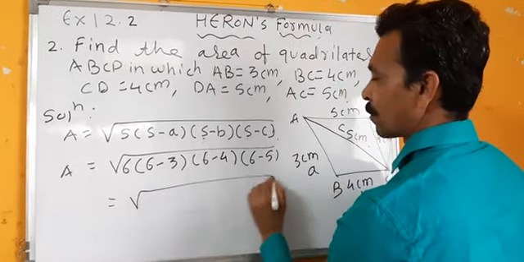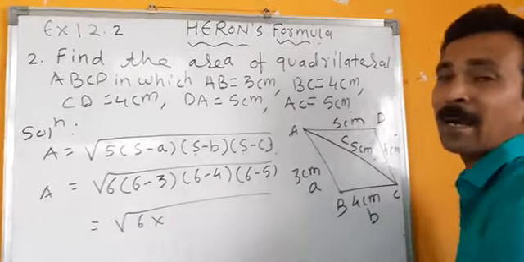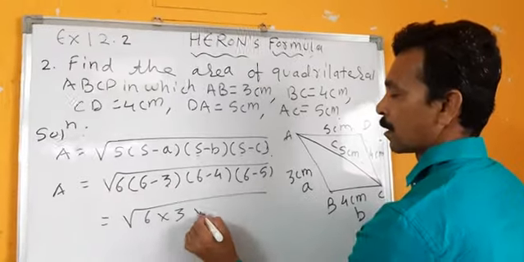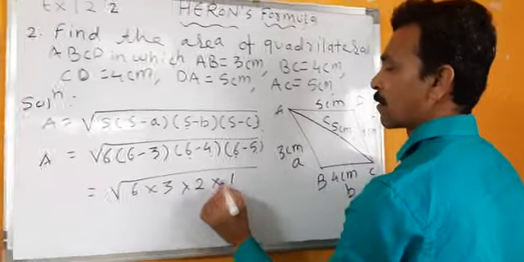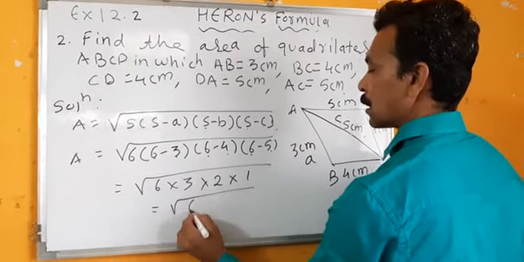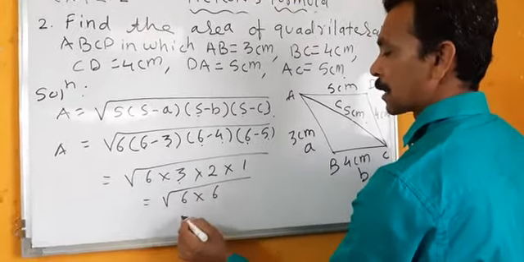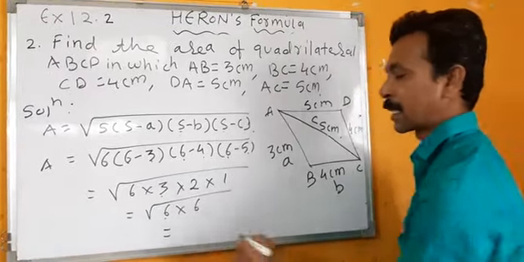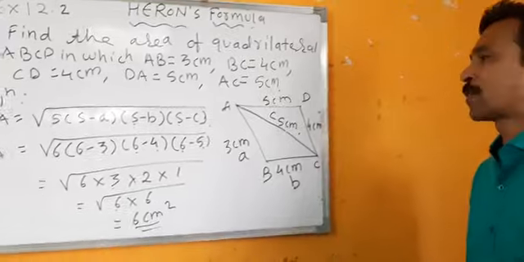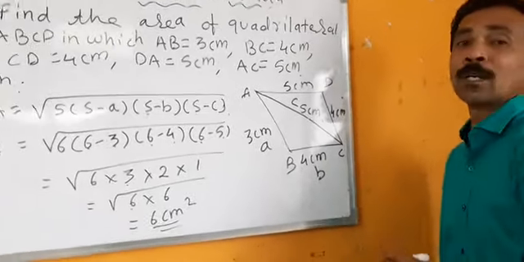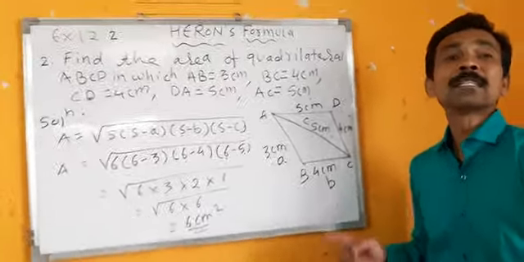That is under root 6 into 3 into 2 into 1, which is 6 into, what is 3 2s? 6. What is square root of 6 into 6? 6 centimeter square. So the area of the first triangle, that is ABC, is equal to 6 centimeter square.